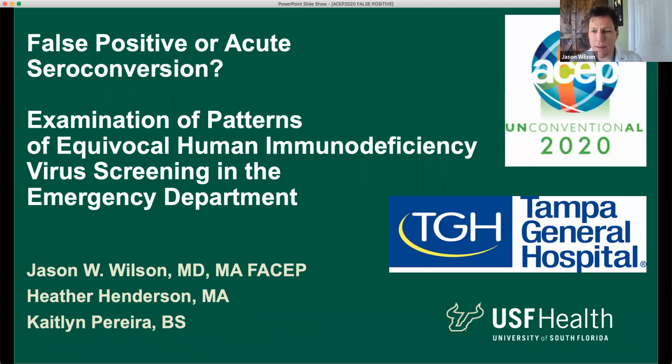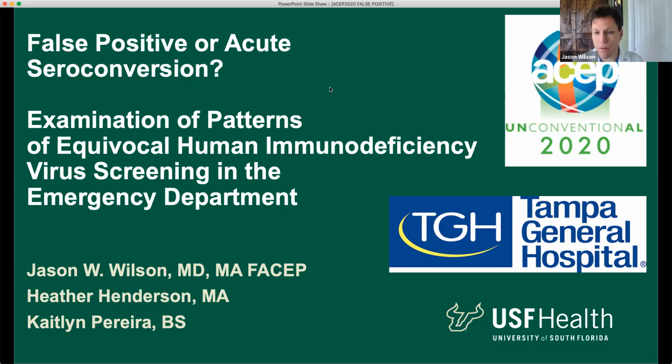What we mean by this is, on a fourth generation serum test, the antibody antigen screen reacting, but then on the confirmatory test, the antibody test being negative, and then having to wait for the RNA viral load to return to differentiate these two patients.